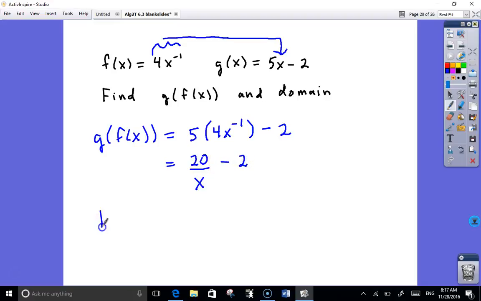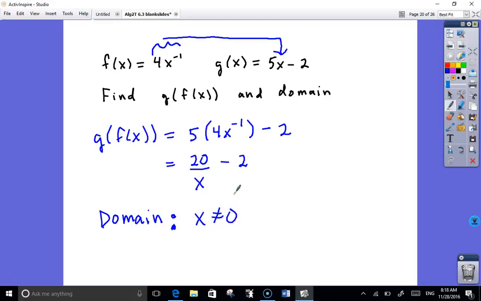So what is the domain? Right, what's the one value of x that's going to lead to a divide by 0? 0, right? You're dividing by x. 0 is the zero. Remember, just like with polynomials, when you had a factor with just a standalone x, then 0 is the zero. So x does not equal 0.